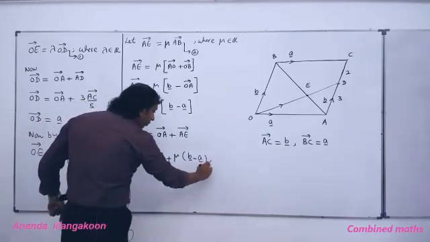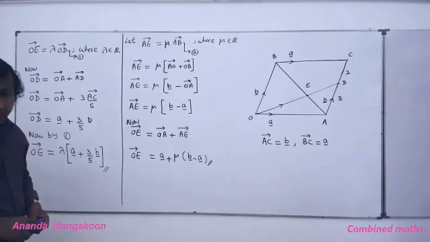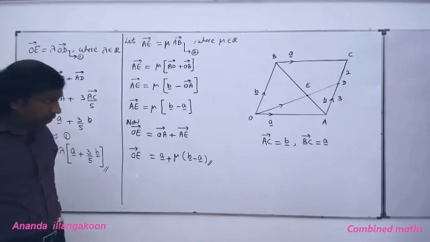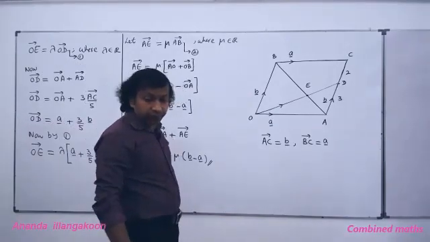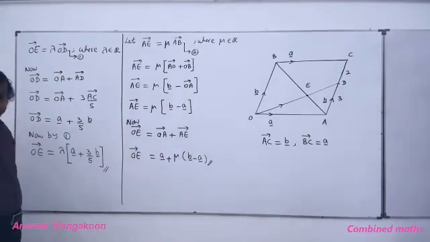Right. Then we get to the second answer being asked. We have to find these lambda and mu values. That is how we take the two expressions for OE.